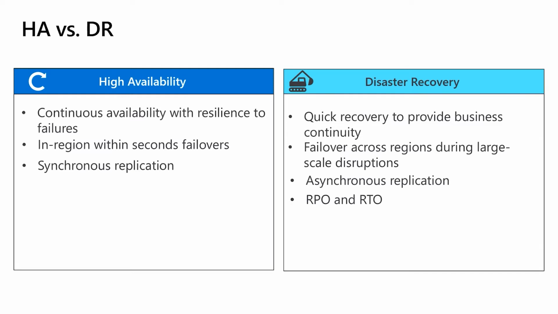Compare this to disaster recovery, which is when you have a failover of the entire region, a natural disaster, and then you have a solution in a distant place that was not affected. For that, we have, of course, asynchronous replication. And we have certain RPO and RTO numbers to ensure your recovery time objective, and how much data you will lose.